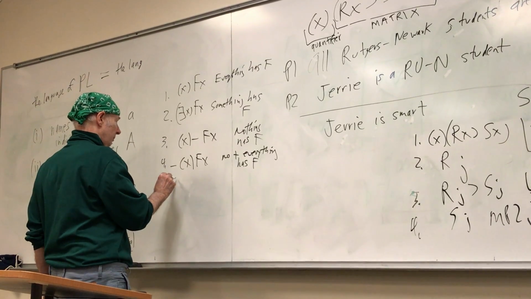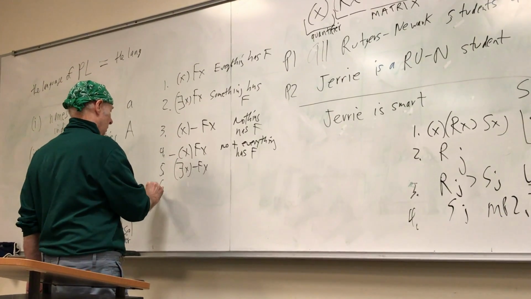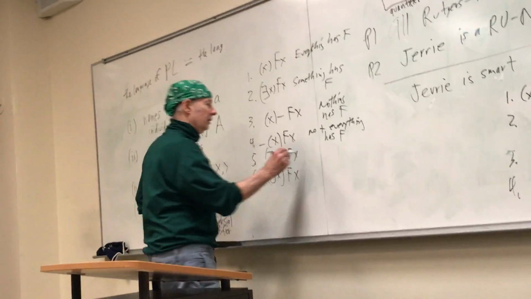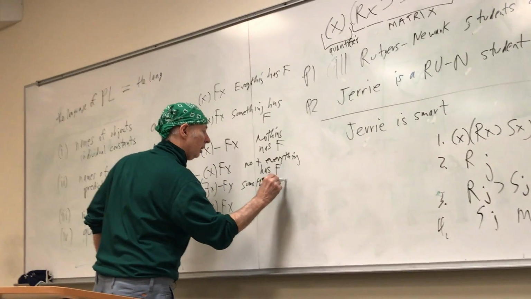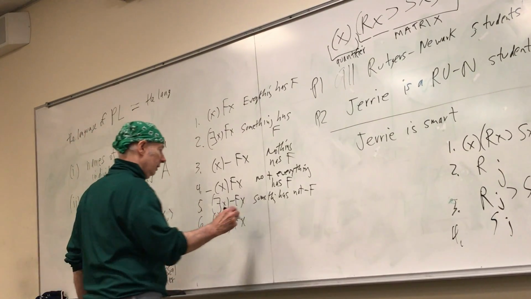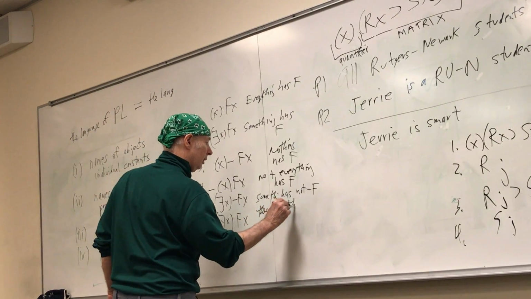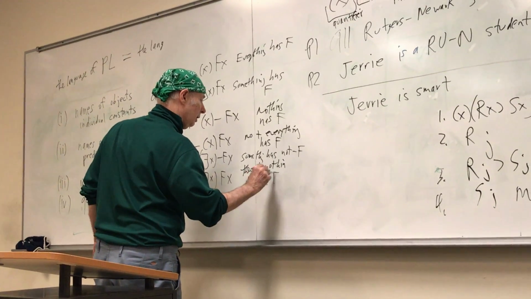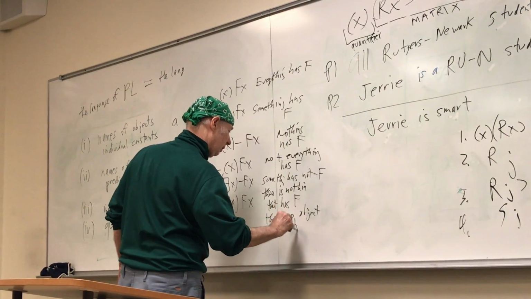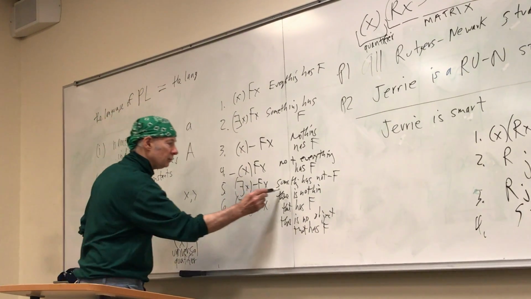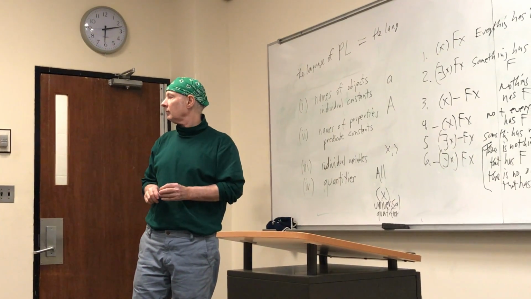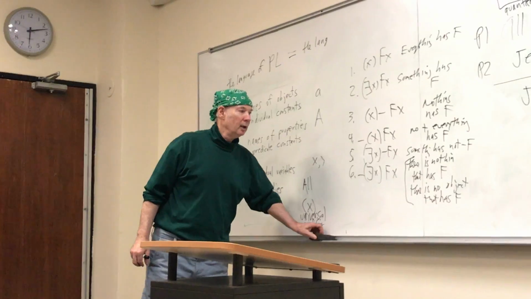So now we want to... this says something has not F. And this says there is nothing that has F. There is no object that has F. Or another way of putting it is there is no object... Okay, so they are very basic sentences. We won't do it tonight.